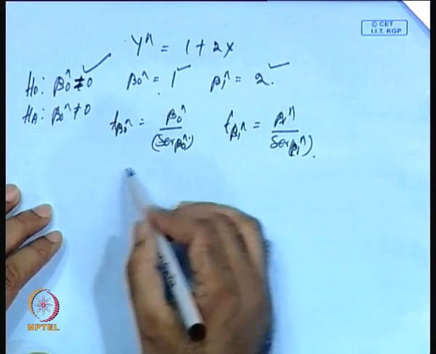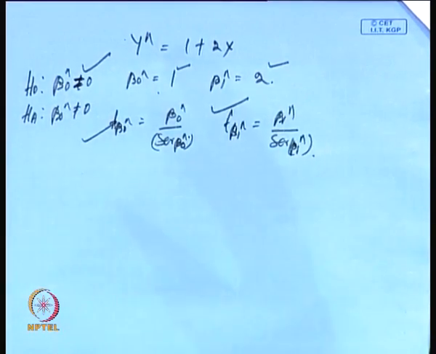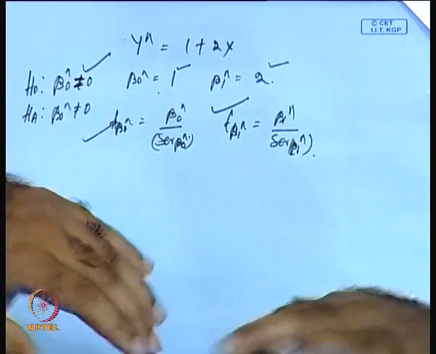This is the calculated statistic, and you have to compare it with the tabulated statistic with respect to the degrees of freedom n minus 2. Then you can get to know whether it is statistically significant or not. So this is the first part of the story, with respect to the significance of the parameters.